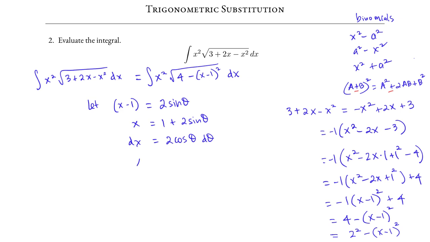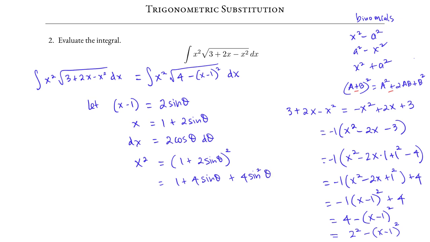Also, x squared is 1 plus 2 sine theta squared, or 1 plus 4 sine theta plus 4 sine squared theta.